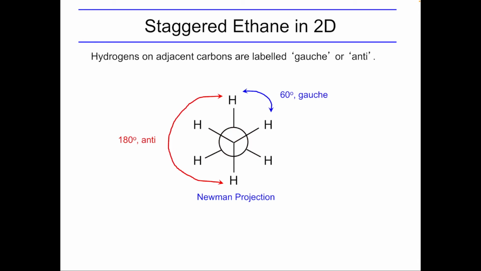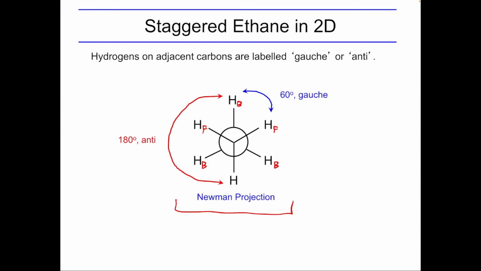So now that we have our Newman projection of ethane, we can start to define relationships between hydrogens on the front and the back carbons. If you take this hydrogen that's on the back, HB, there are two front hydrogens it's exactly halfway between, which we'll call HF here.